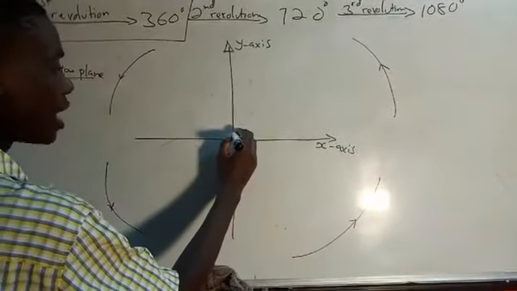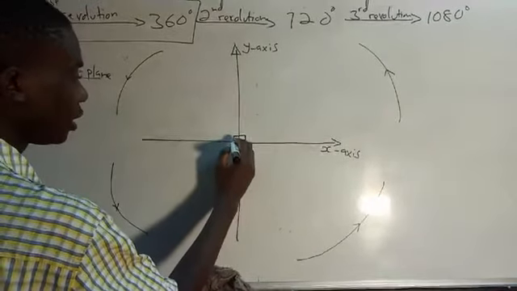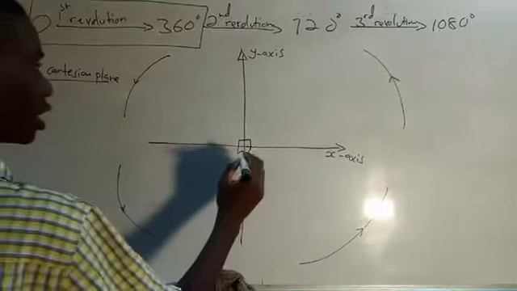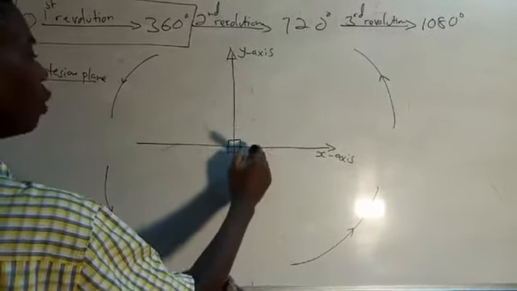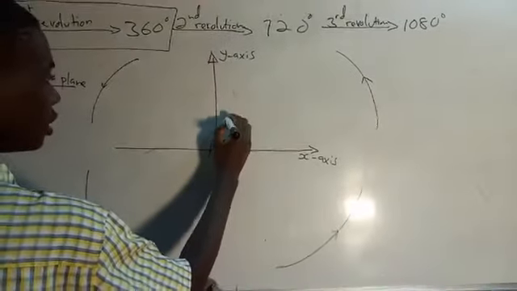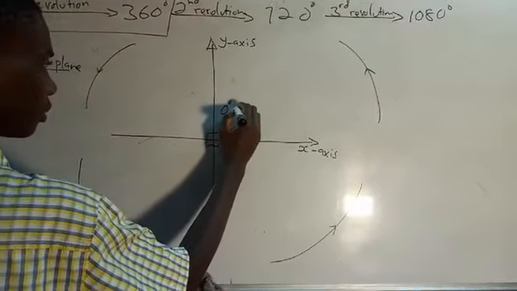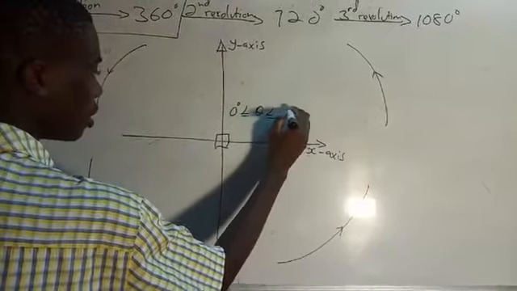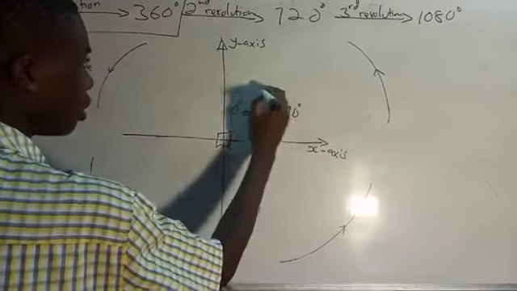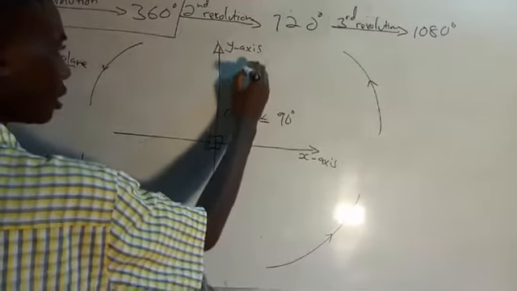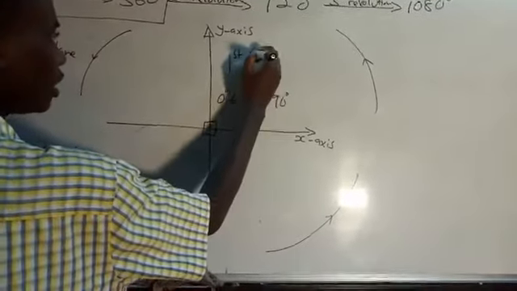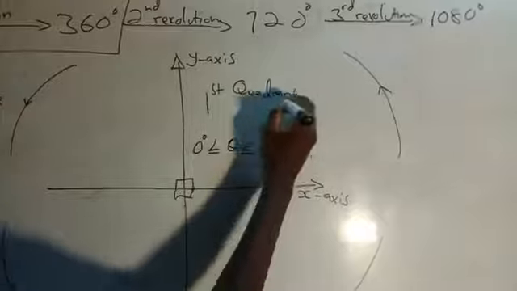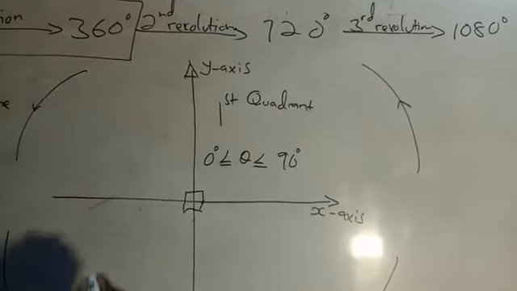So it will be here 90, 90, 90, 90. So this angle here is between 0 degrees and 90 degrees, which is the first quadrant.